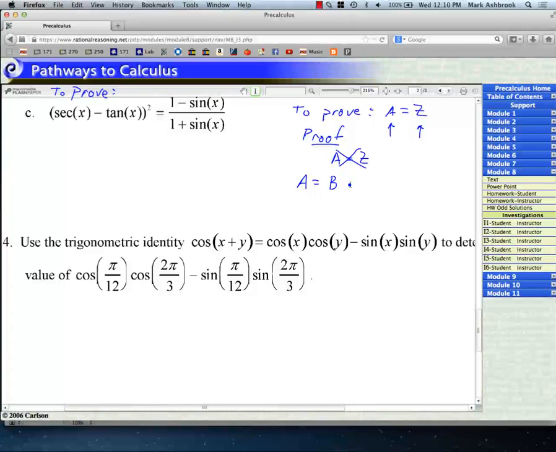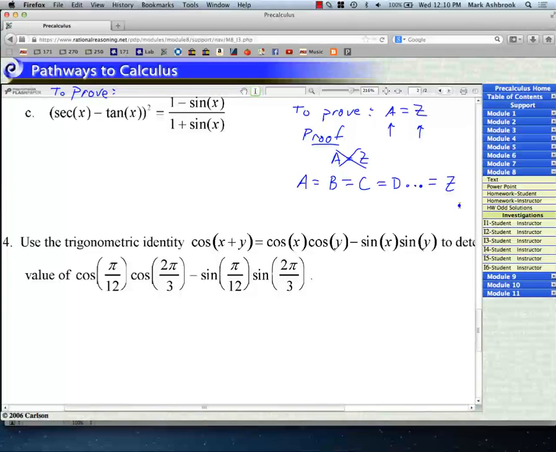And then we might apply an identity, and we get another form, and we get C. And we continue this way until we eventually get Z.